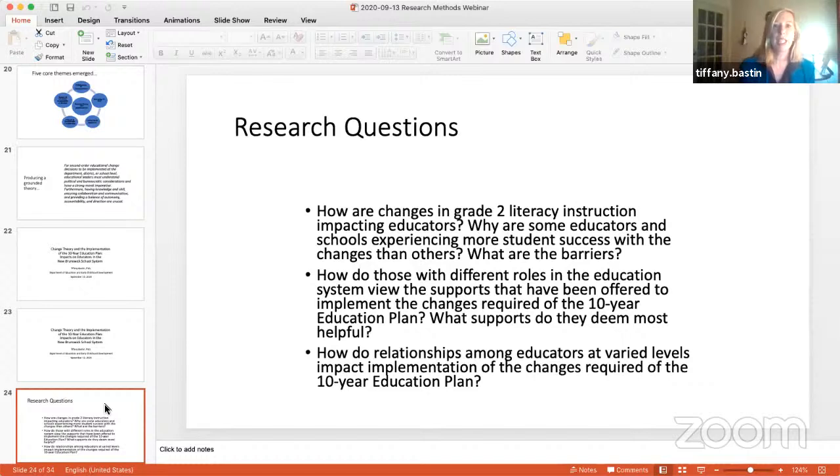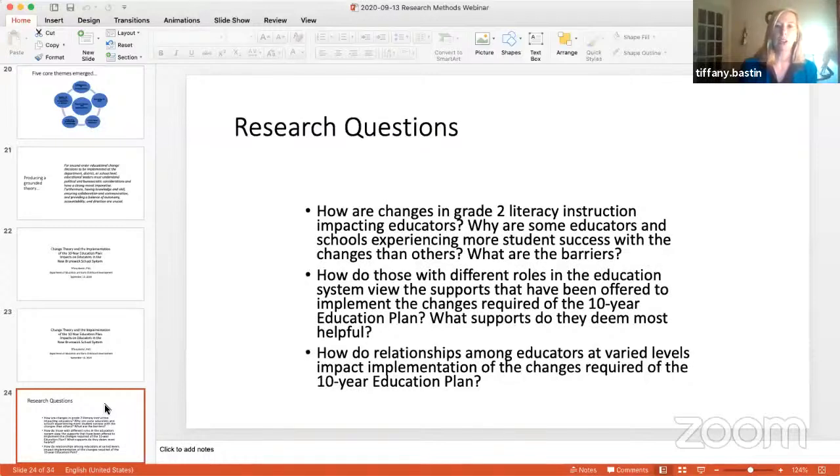So I had 3 key research questions. I was particularly interested in looking at grade 2 literacy instruction, and those were tied to the implementation of the education plan. Particularly, why are some educators in schools experiencing more student success with the change than others?